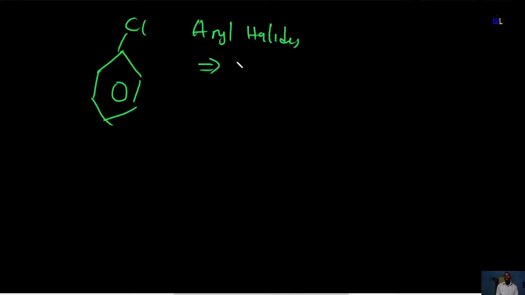Your aryl halides are more prone to what we refer to as electrophilic substitution. So just take note of that. We are likely to discuss that eventually, but just have that in mind that the form of substitution reaction that occurs in your aryl halides is electrophilic substitution.